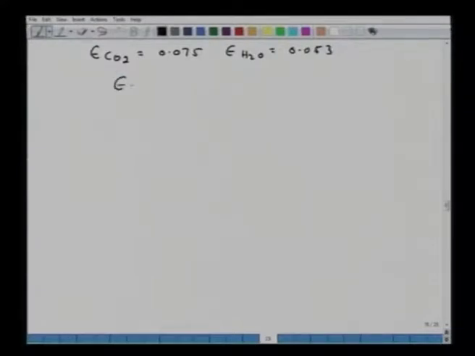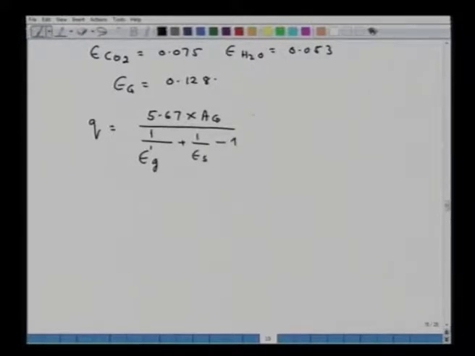So, epsilon G, which is the sum total of both, is equal to 0.128, and I am repeating the formula Q is equal to 5.67 into area of the gas body upon 1 upon gas emissivity plus 1 upon emissivity of the surface minus 1, into Tg upon 100 raised to the power 4 minus Ts upon 100 raised to the power 4.